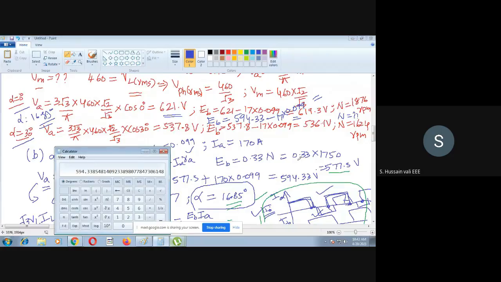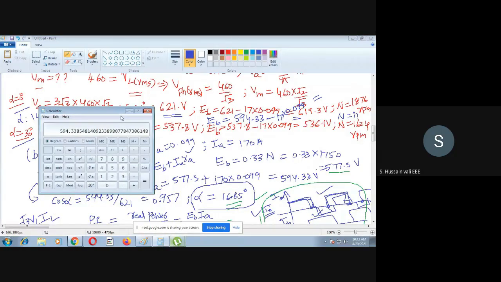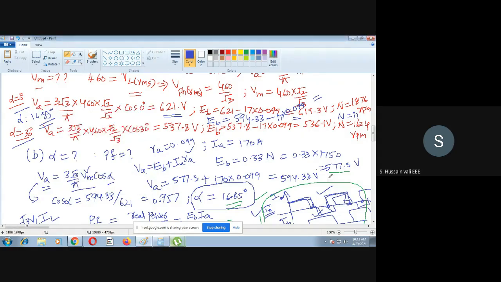You just check: 170 into 0.099, minus 594.33, you got 577.7. Am I correct? If you take rated current, 577, we already got this here.